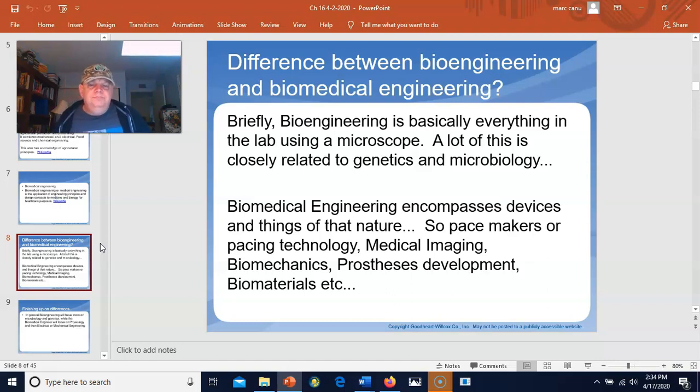Biomechanics: think about developing a new type of elbow joint that you put inside, or a hip replacement. Prosthesis development: if a person loses their arm, let's say from the elbow up, a prosthesis would be an arm here with a hand that they would work with.